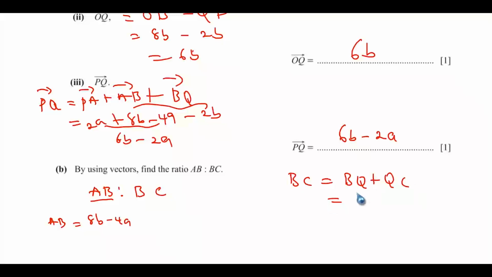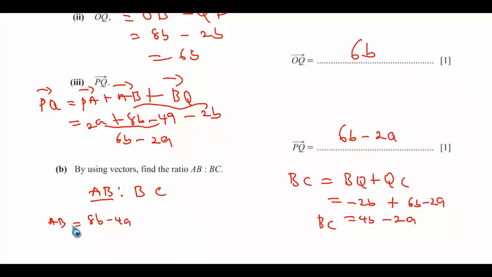We don't have BQ, but we have QB, which is 2B, so BQ will be minus 2B, and QC is the same as PQ, which is 6B minus 2A. If you simplify this, it will be 4B minus 2A. So that means BC is equal to this.